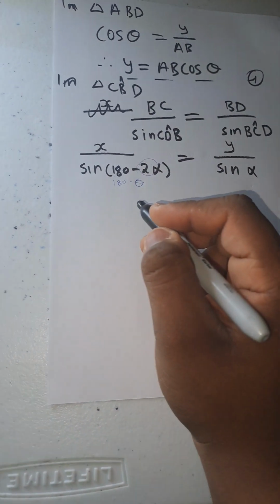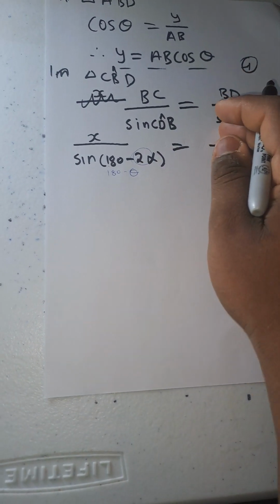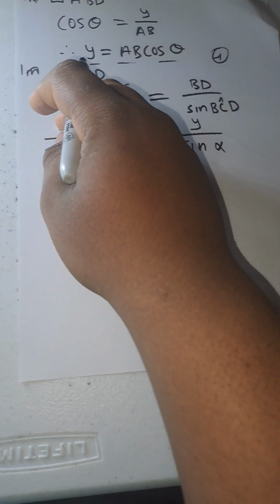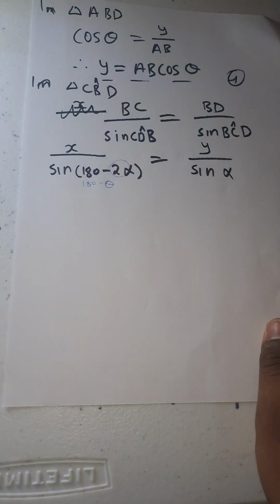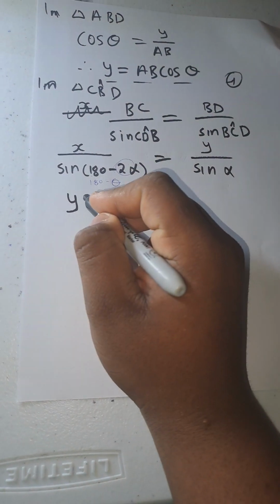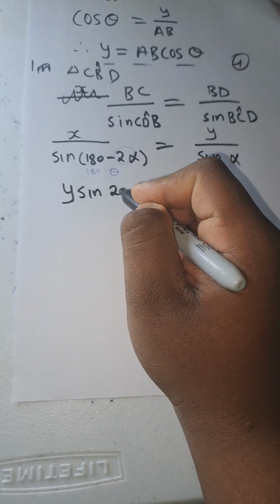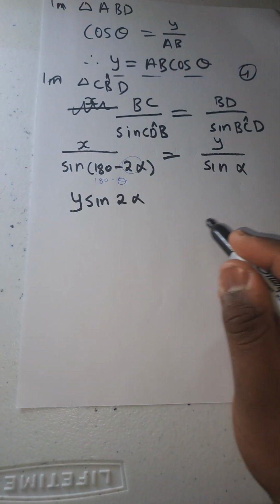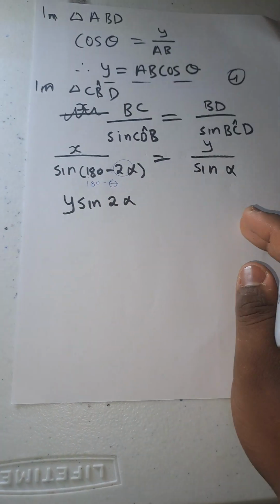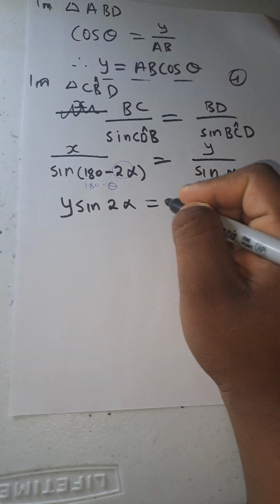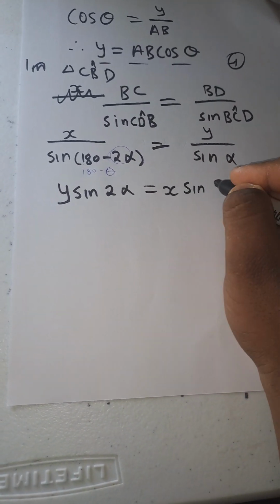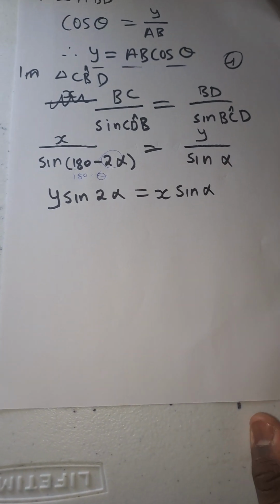So this is simplified to Y, multiplied by X on the other side. When I write it here, it is Y sine 2 alpha, because of reduction angles there, equal to X sine alpha. Is it fine?